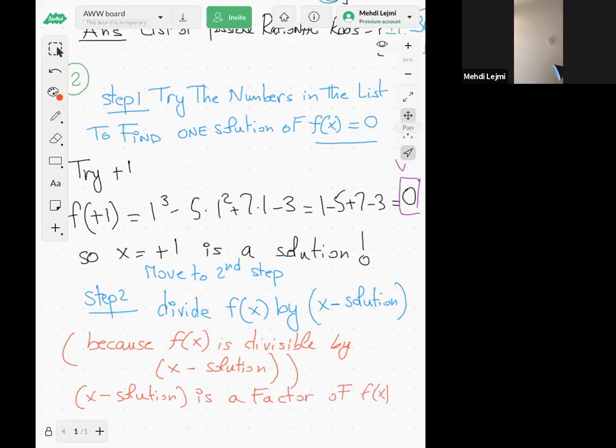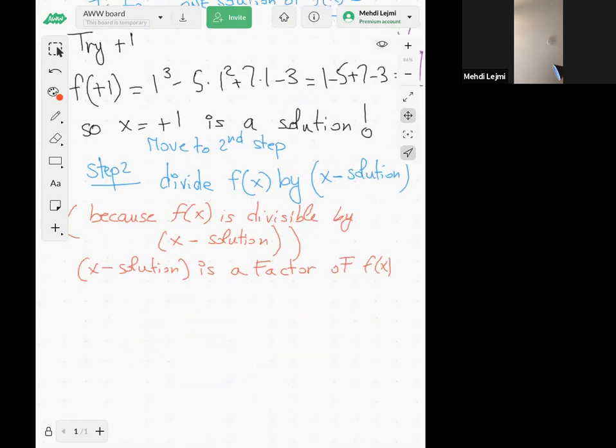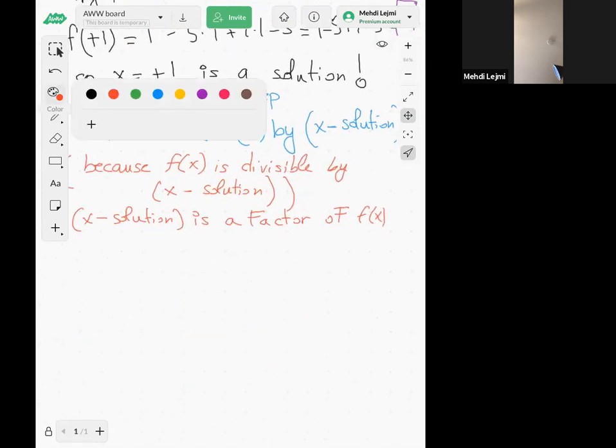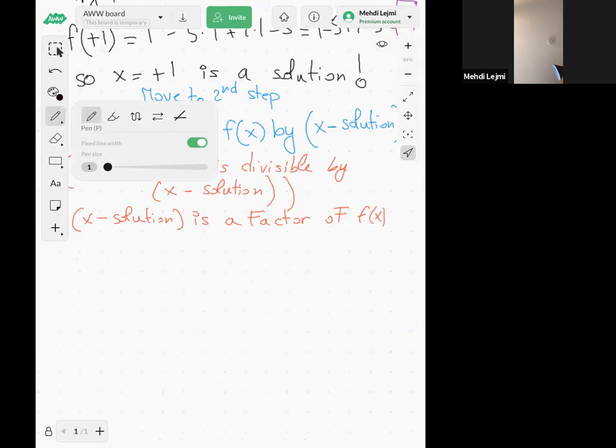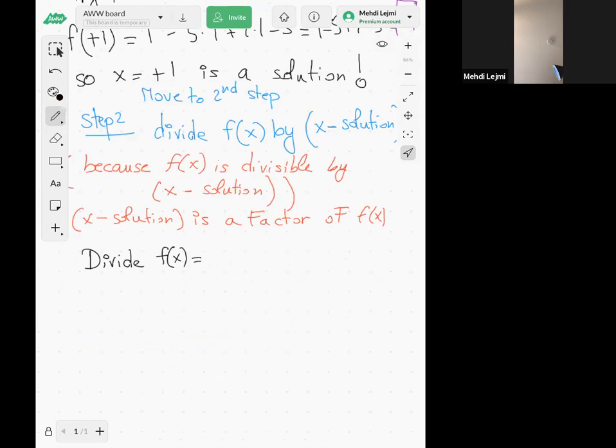All right, so let's divide. I'm going to divide f of x, which is x cubed minus 5x squared plus 7x minus 3, by x minus the solution, and the solution is positive 1, so x minus 1.